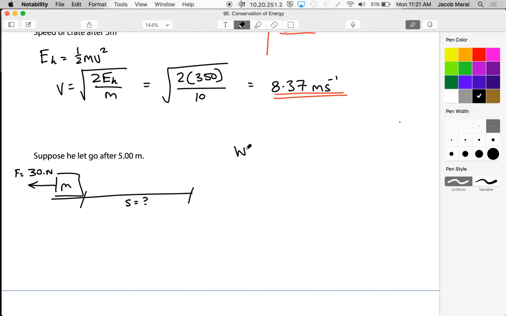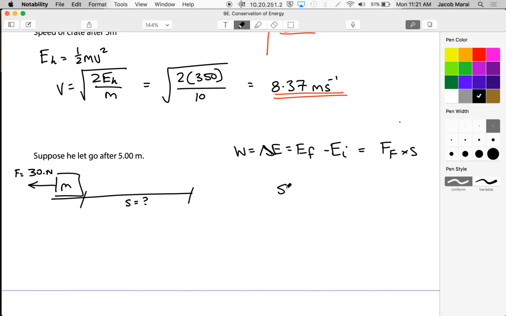Now, we could say that the work is the change in energy, which equals energy final minus energy initial, which we can equate to F times s. Now, we know it's change in energy. It started with 350, it ended up with 0. So it's lost 350.